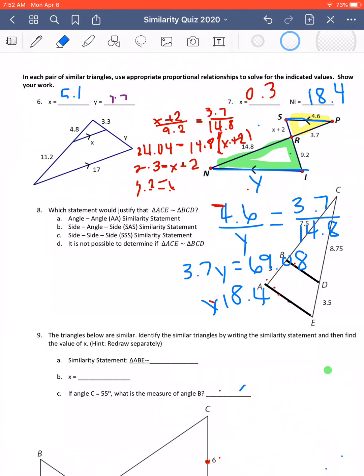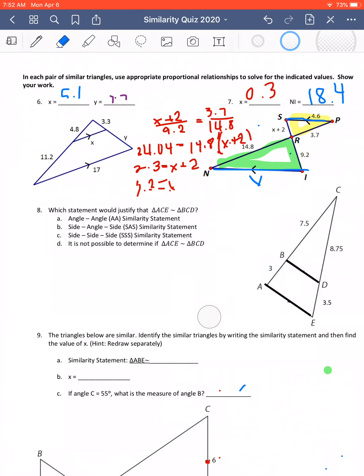I'm going to erase this. The next one says, which statement would justify that triangle ACE is similar to triangle BCD? So we're looking at the big triangle versus the small triangle. This one being similar to this one.